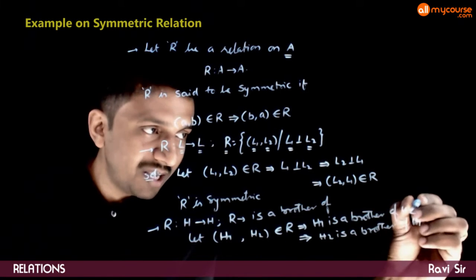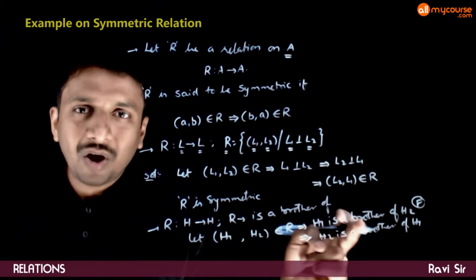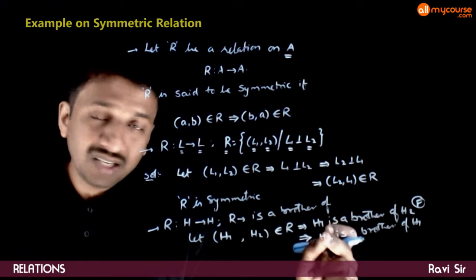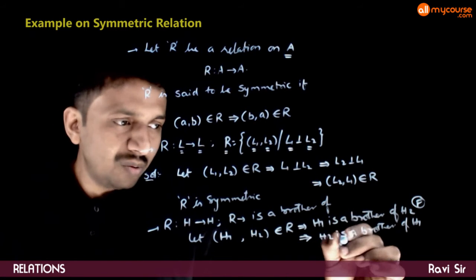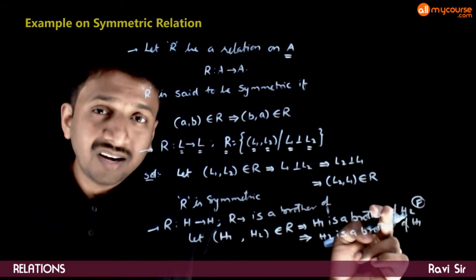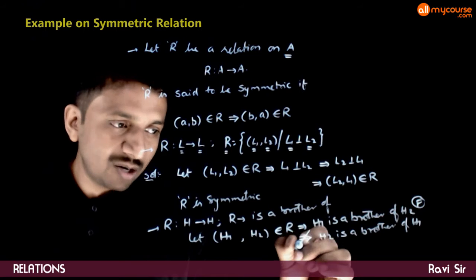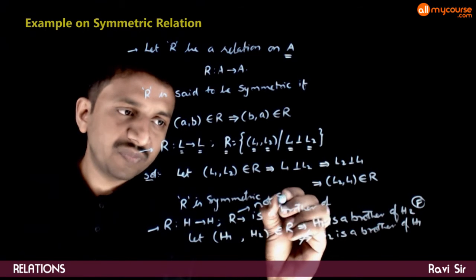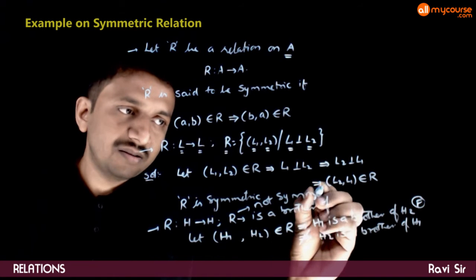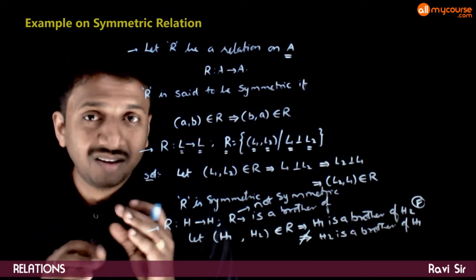If H2 is a female, H2 is not a brother of H1. Sometimes it is possible that H2 is a sister of H1. So H1 related to H2 does not imply that H2 is related to H1. Hence, this is not symmetric. I hope you understand what a symmetric relation is.